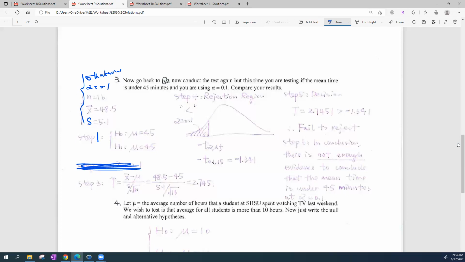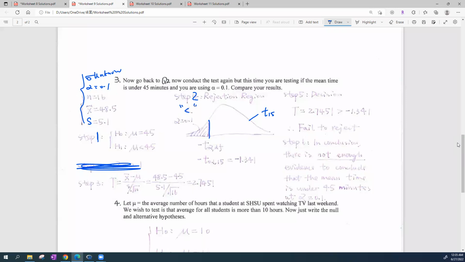And step 2, we can look at the rejection region. Now it is one tail left, so the rejection region lies towards the left of the distribution, and this is T15 distribution.